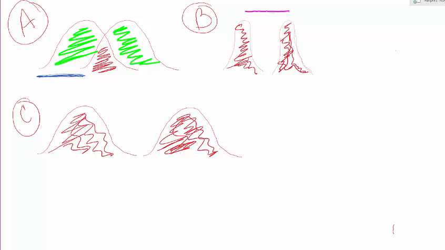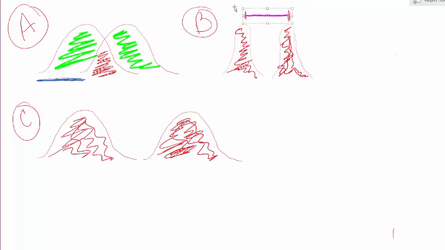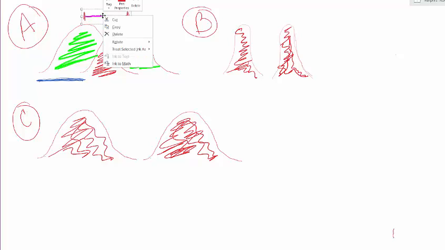So if you see the span between the center of the two normal curves in B. Now let's take that and let's take that over to the center of the two in A. Well, they're exactly the same distance apart.